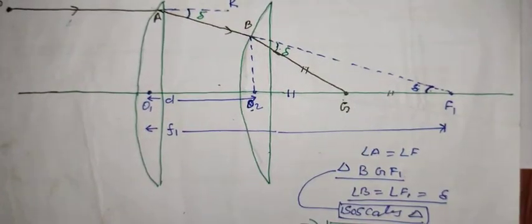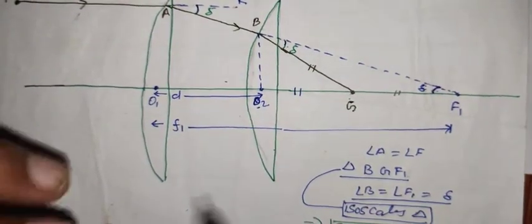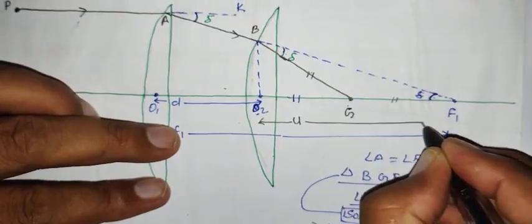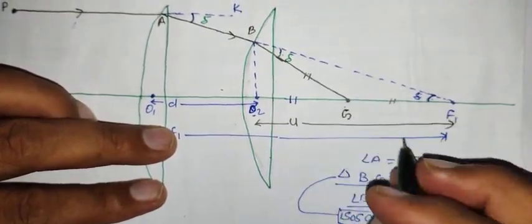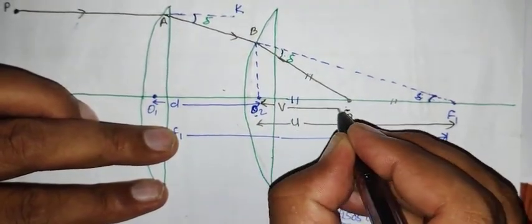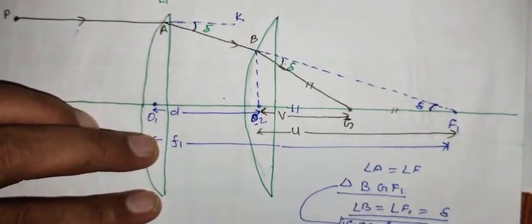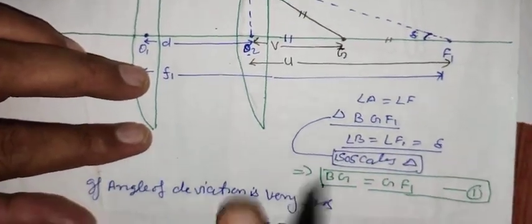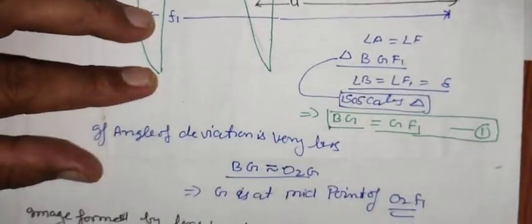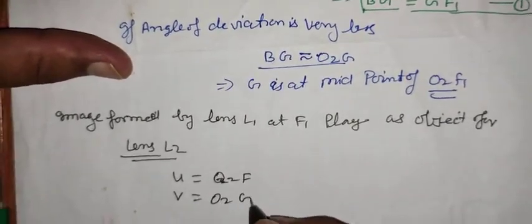So at this condition, F1, the image formed by lens L1, plays as an object for lens L2. See in the diagram very carefully, it behaves as a U and it is a V in the diagram. So write U is O2F1 and V is O2G.